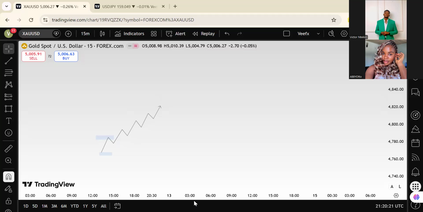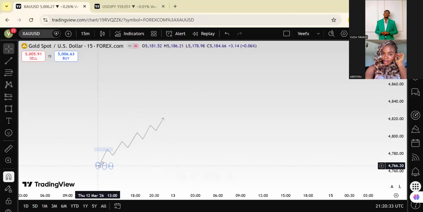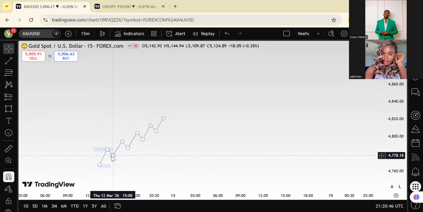All right, so let's continue. For your series of higher highs, I don't know where I stopped before I got caught up, but I'll just pick up and recap. For it to be a proper uptrend, the higher low needs to take out this higher high to form a new higher high.